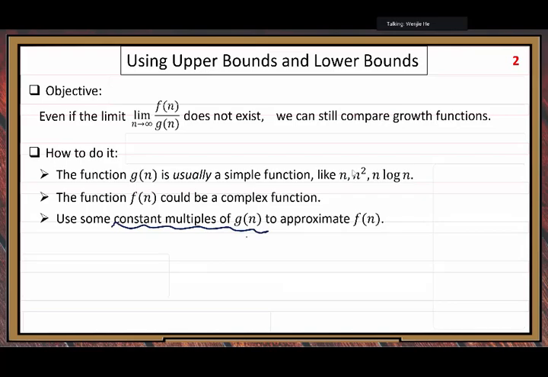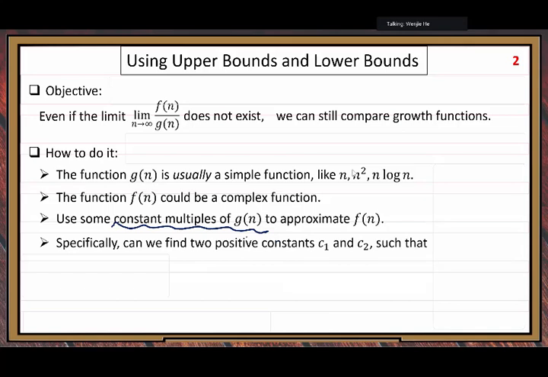When we use a constant multiple of the g function to compare with the f function, we may have the upper bound case and the lower bound case. There are two cases, so we need two different constants, C1 and C2.